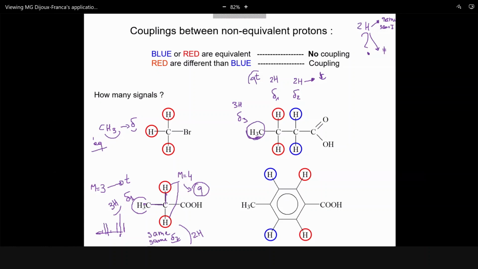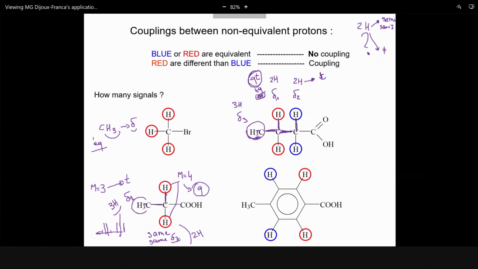So I should have theoretically a quartet triplet or triple quartet. You can write this also. So it's a very complex signal for that one. In theory, okay. In practice, it will be a little bit simpler because you have only J3. And in an aliphatic system, all J3 are quite the same.